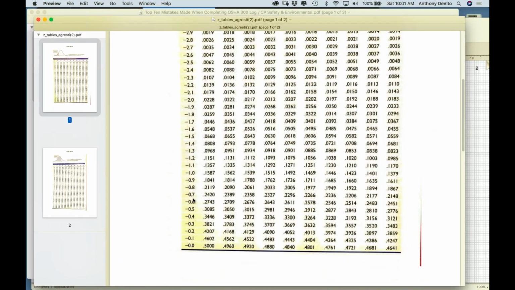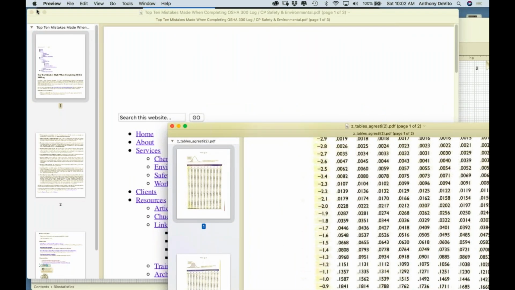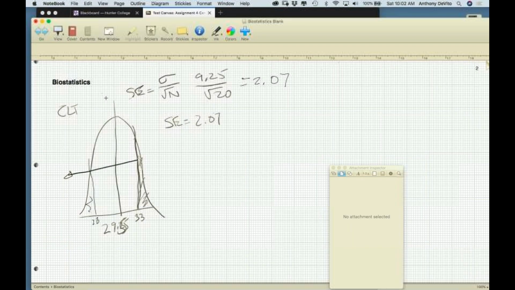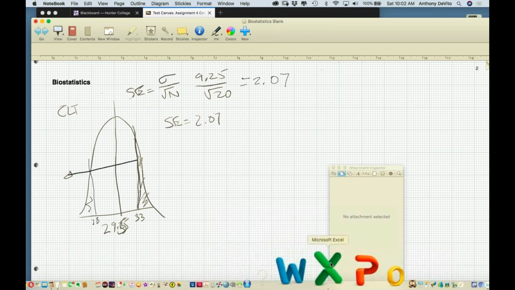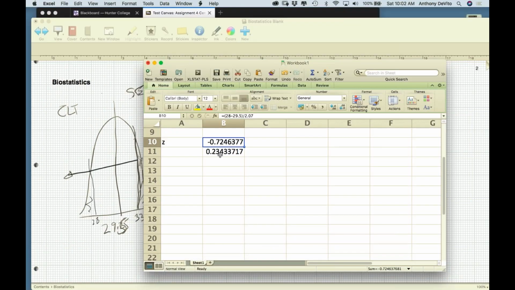Minus 0.7201, 0.00102 is 0.2358. And 0.2358, what did I get there before? Let me go back to 0.23. We're a little bit off, right?